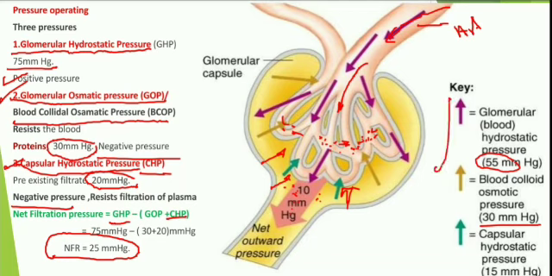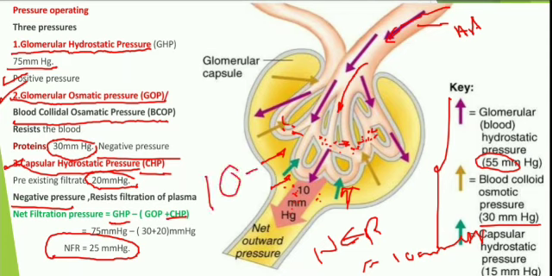If you take this reading, net filtration pressure is about 10 mmHg on average. How much net pressure is created in the glomerulus? It is about 10 to 25 mmHg, and this 10 to 25 mmHg is responsible for ultrafiltration in the kidney.